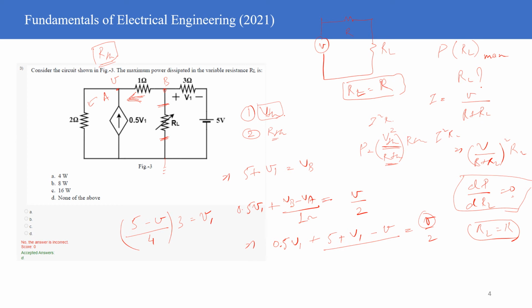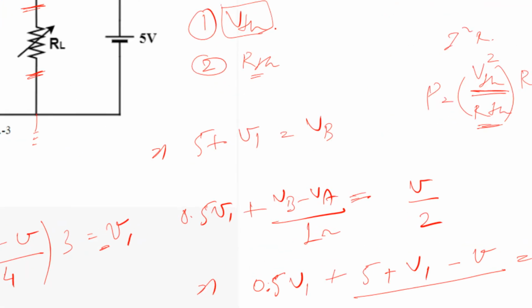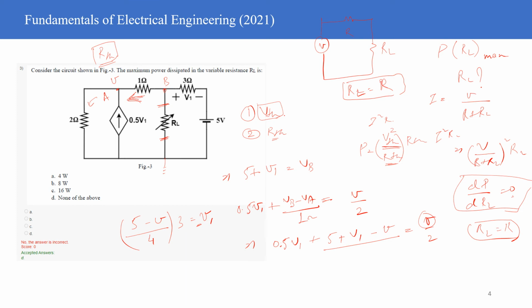Of course, a negative sign will be there because you are taking the IR drop. Current is flowing like this, so in the direction of current there will be a drop. So this is the correct expression.